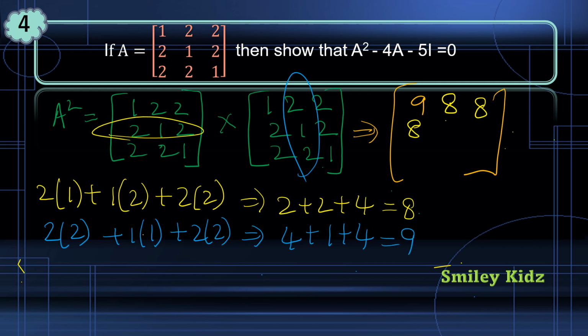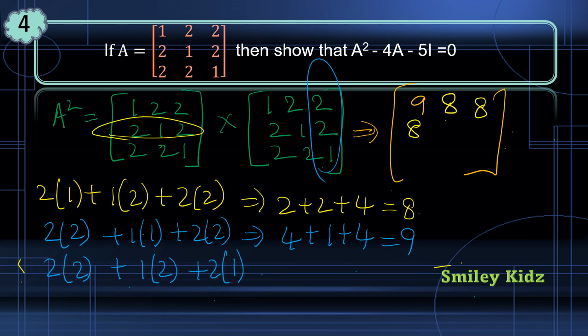Then with the third column, that will be equal to 2 into 2 plus 1 into 2 plus 2 into 1. That is 4 plus 2 plus 2, that is 8.